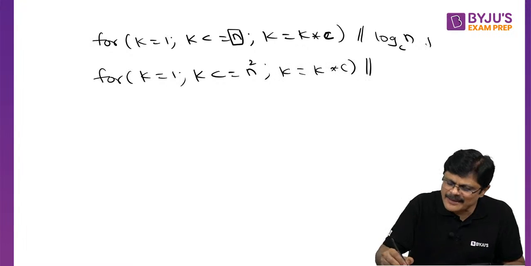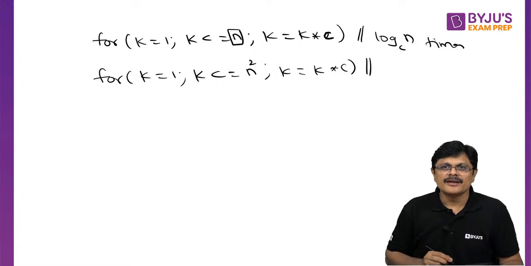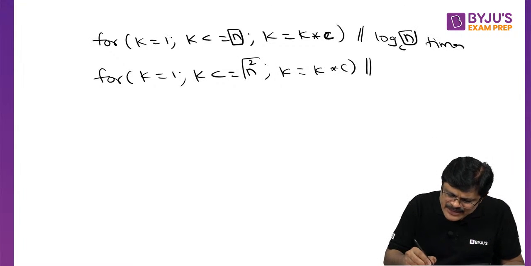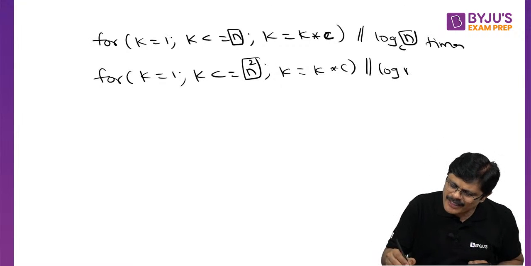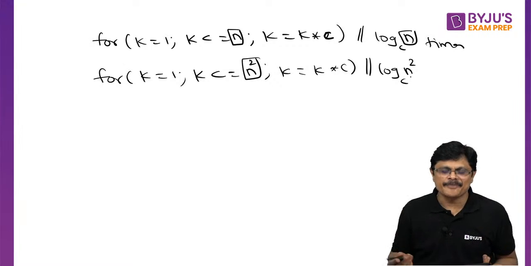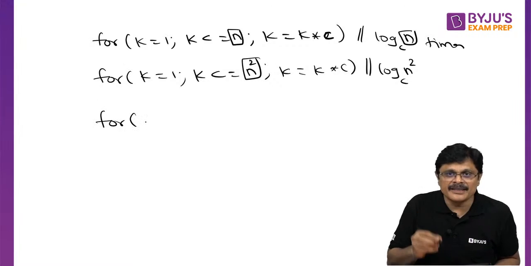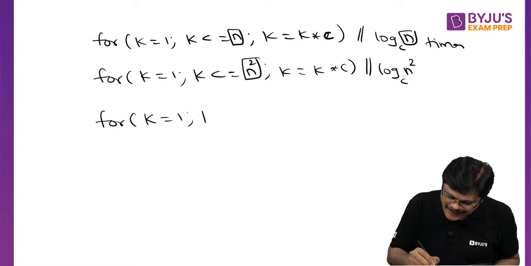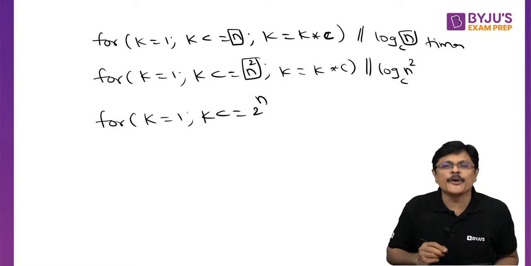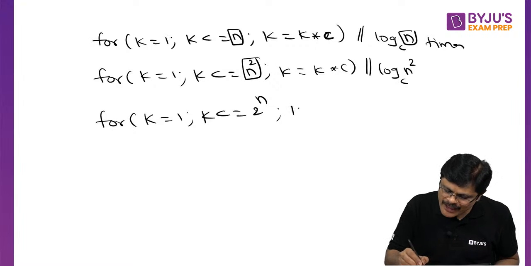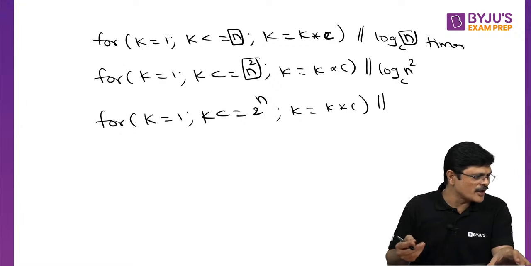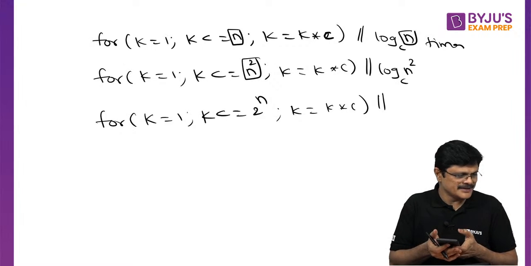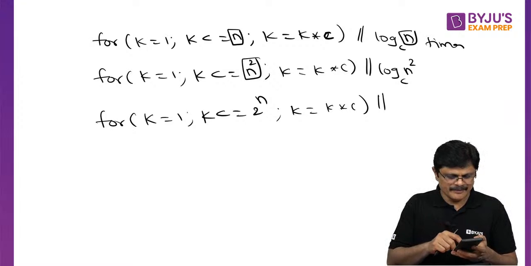How many times will it iterate? जो n है वो n square बन गया है, so क्या करेंगे हम? log n square to the base c करेंगे. यदि in the place of n square अगर मैंने 2 power n रख दिया है तो क्या होगा? What happens? That is what I am saying. Is that clear, Mandal? Please let me know.